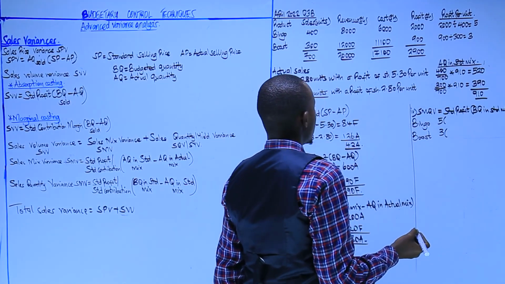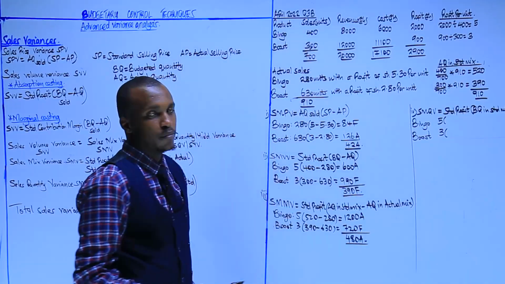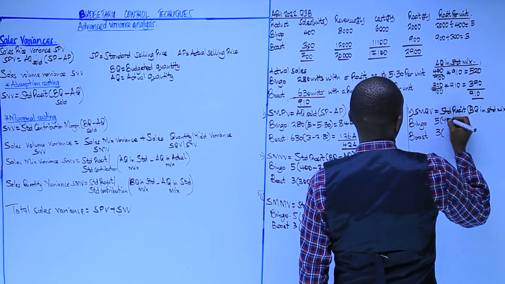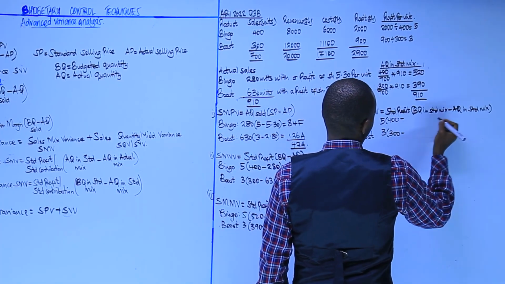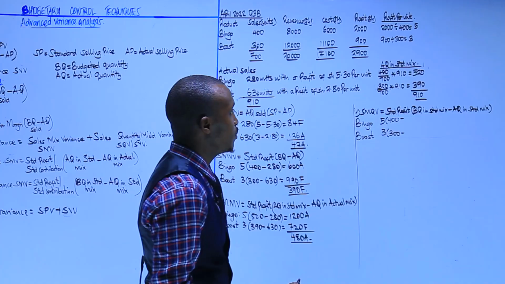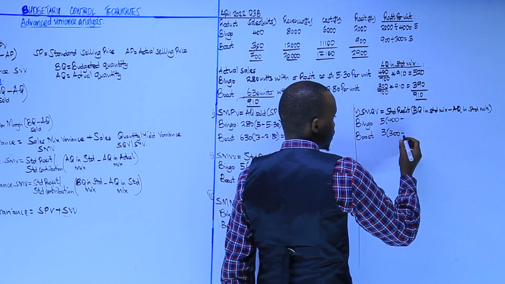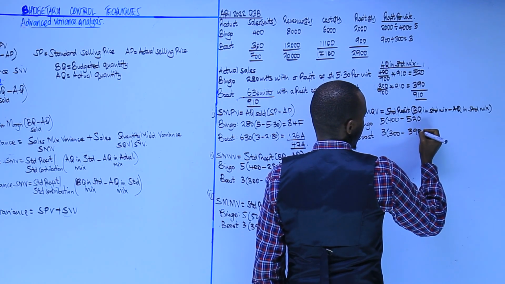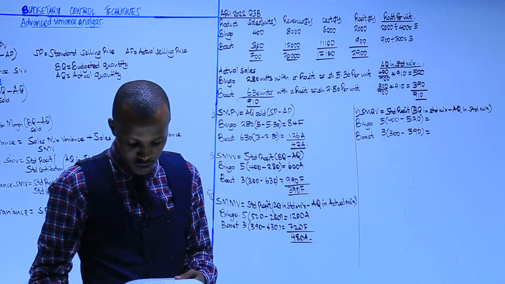Your budgeted quantity is what you had budgeted to sell in standard mix, so 400, 300. Your actual quantity in standard mix, we've calculated it here, 520 and 390.